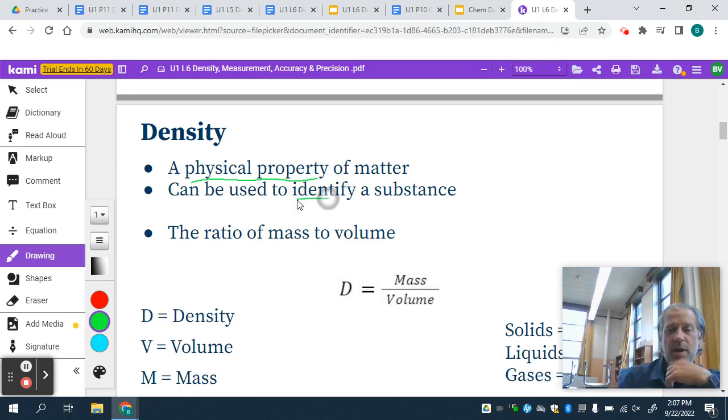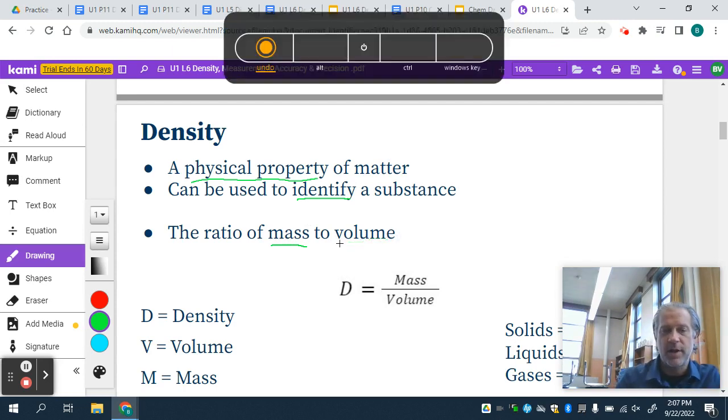And we can use that physical property to identify a substance. So every pure substance has its own unique density. And as a result of it having its own unique density, we can use that number, that relationship, to identify an unknown substance. We also can define density as the ratio of mass to volume.